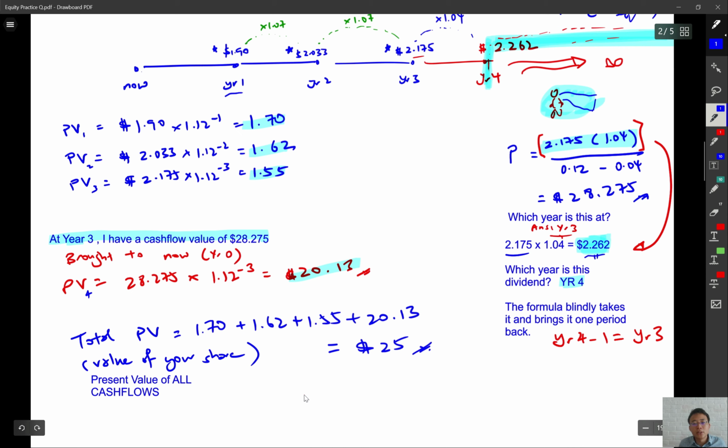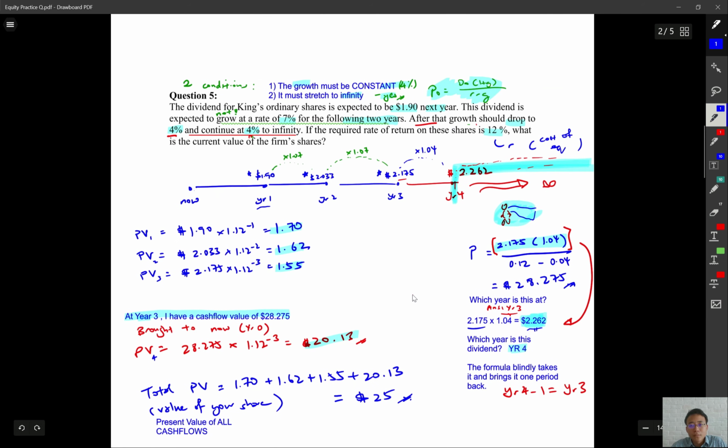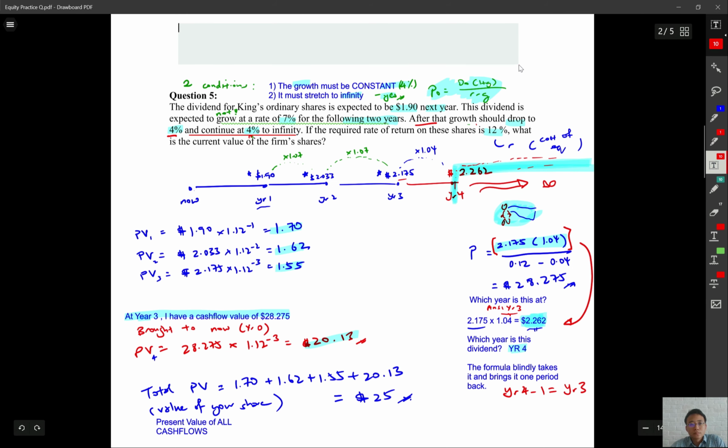Such a nice number. Now, people, let's do a recap. What have you learned here? Number 1, when I give you a share that has multiple dividends, you need to get the present value of all of them. So, main ideas.